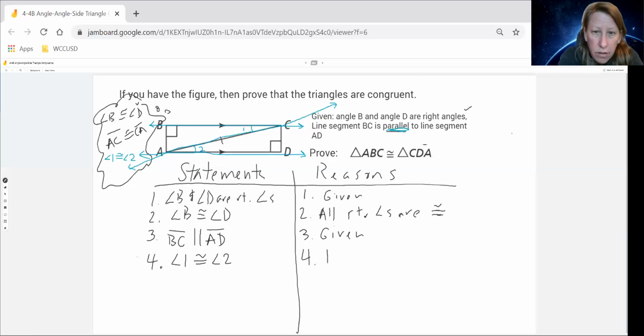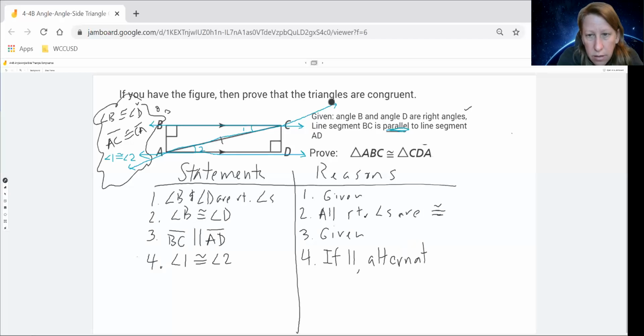Good. If the lines are parallel, which they are, we are allowed to say that alternate interior, maybe I'll write that out. Alternate interior angles, which 1 and 2 are, they're both in between these parallel lines, and they're on alternate sides of the transversal. One's on the top, one's on the bottom of the transversal.